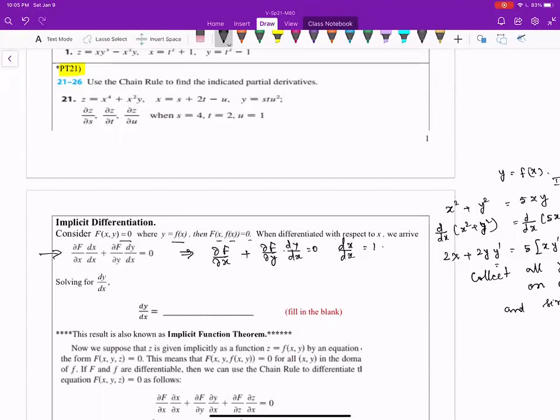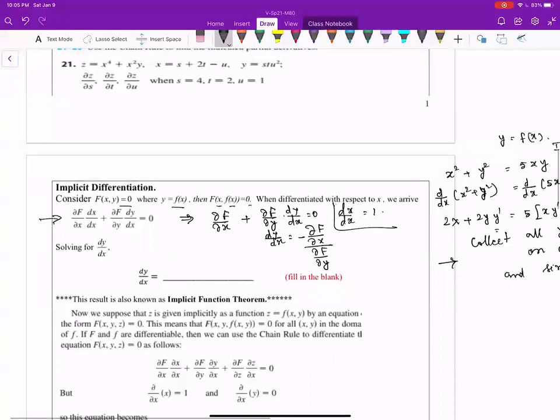If you isolate dy by dx, it becomes negative partial derivative of F with respect to x divided by partial derivative of F with respect to y. It's exactly similar to the idea that we did earlier in this problem.